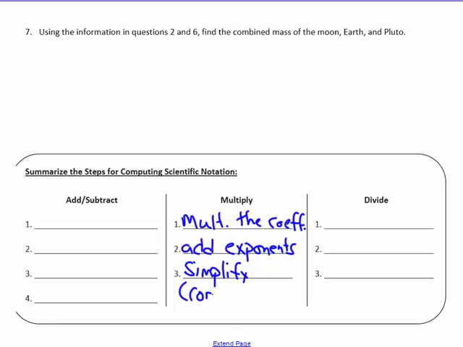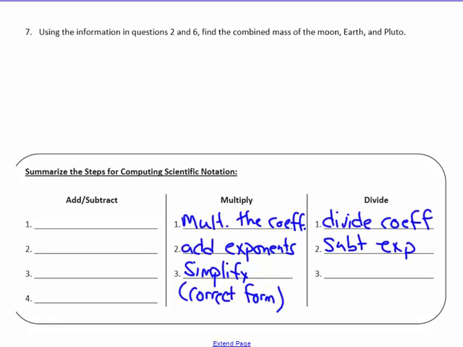So I'm going to put that down here, correct form. For dividing, we divide the coefficients. We subtract the exponents, and then we simplify, and again, that means making sure that it is in correct scientific notation.